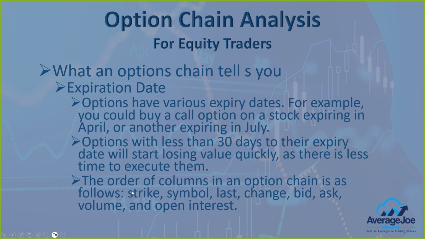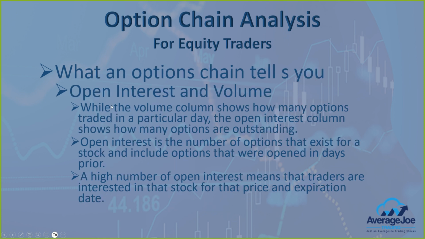We don't care about the strike price or the last price or the change. None of that stuff matters. We're basically looking at the volume and open interest, obviously the symbol. That's all we really care about, because again, we're day trading equities.